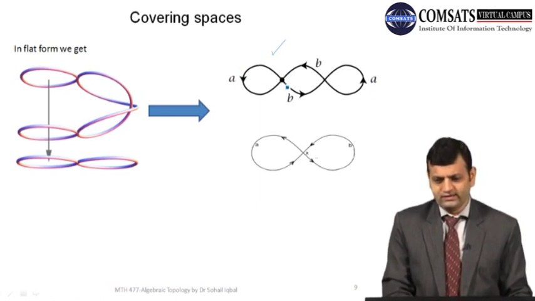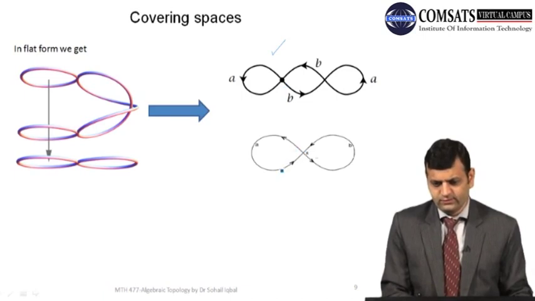So let's explore further properties of the covering spaces. Why is it a covering space? One thing is very clear, that if I take any point on the space X, then the inverse image of this is going to be this point X1 and this point X2.